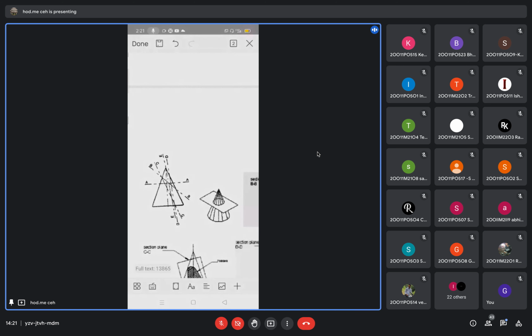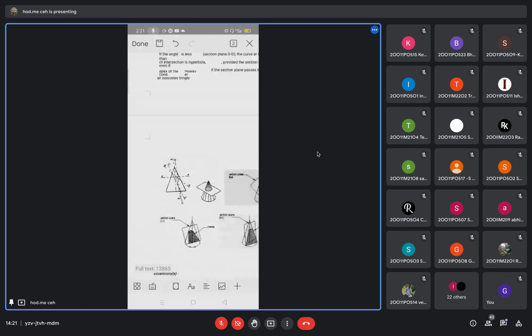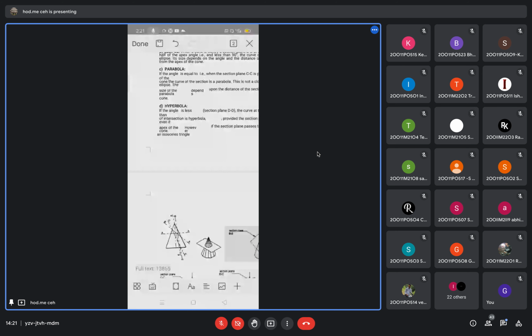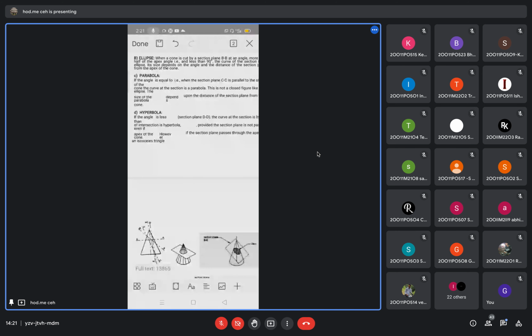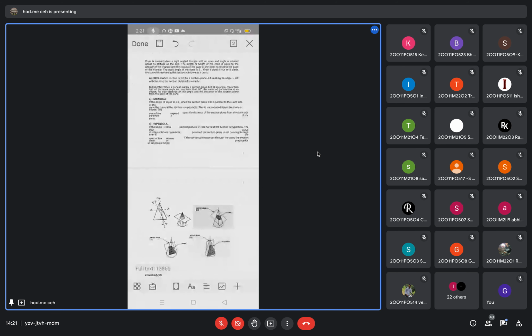Okay, write down the points. These are hyperbolas. Okay, see, the curve of the section is a hyperbola.